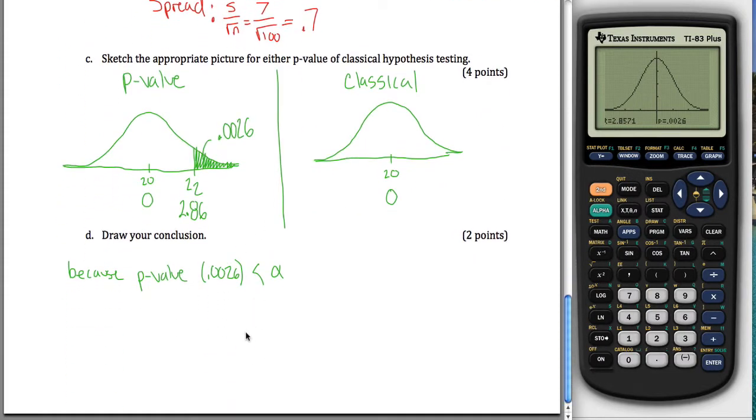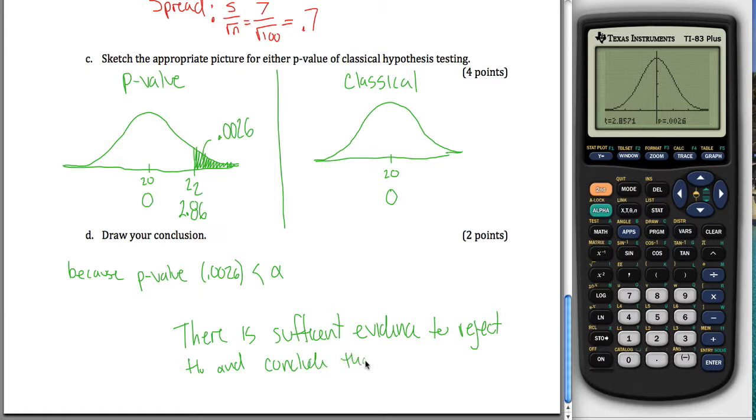Because my p-value is less than alpha, there is sufficient evidence to reject the null hypothesis and conclude that my drug increases vertical leaps. Something like that.